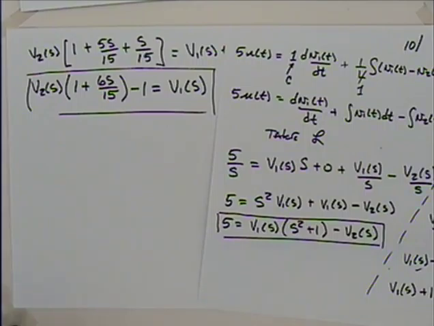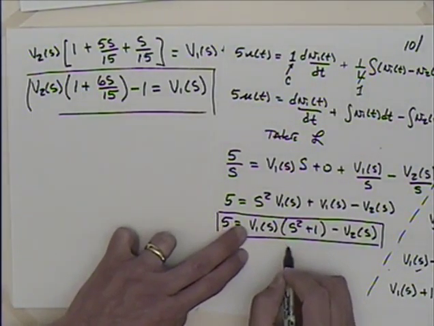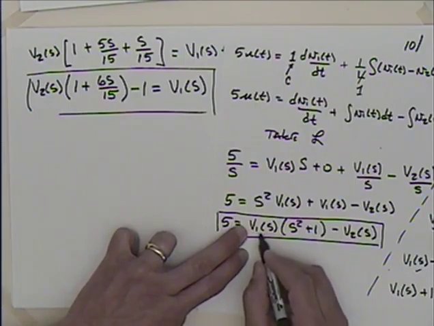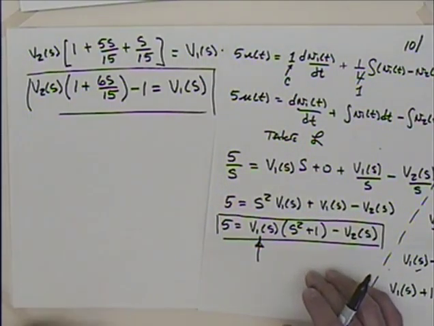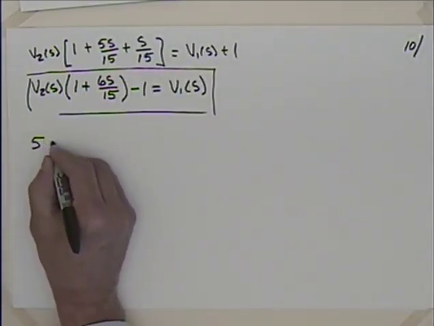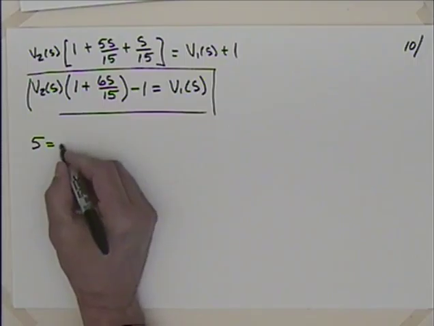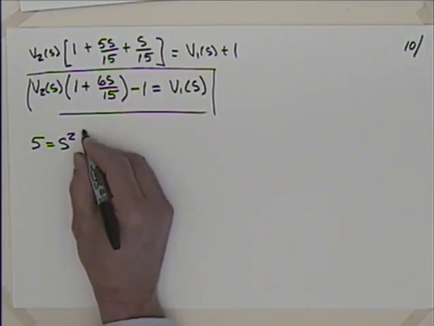I'll make my substitution. I'll go ahead and put V1 in here. So I'll make the substitution right there for V1 because we now know what V1 is. So I would have then 5 is equal to s squared times V1.